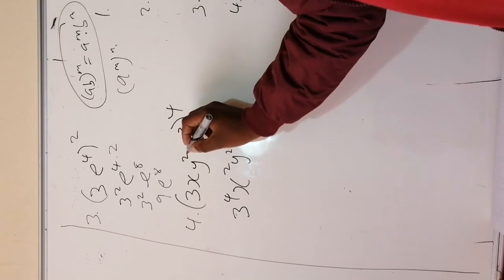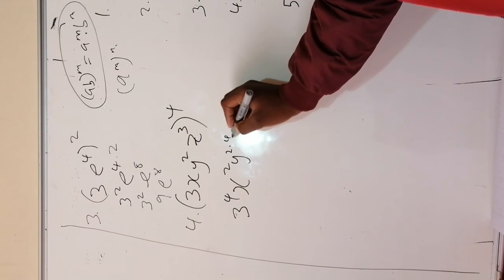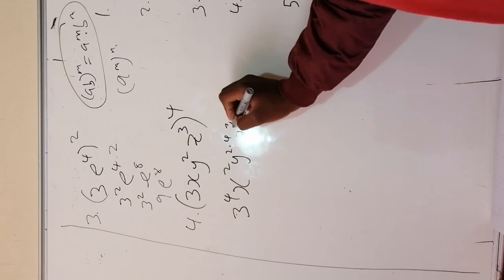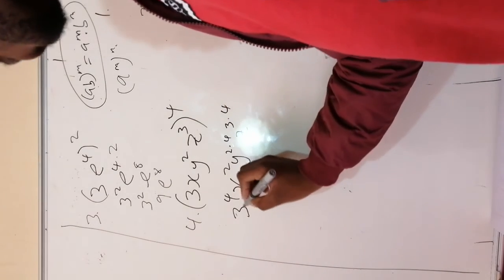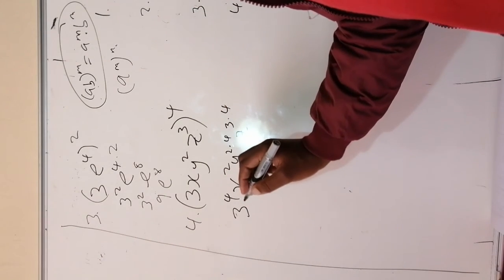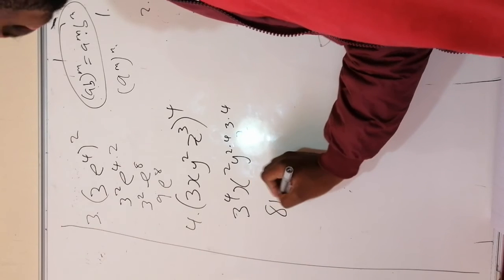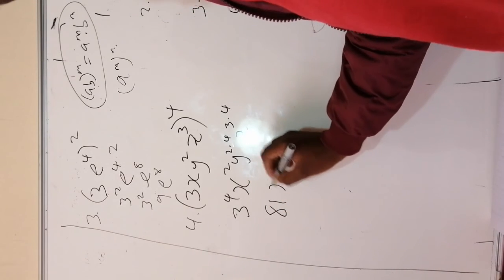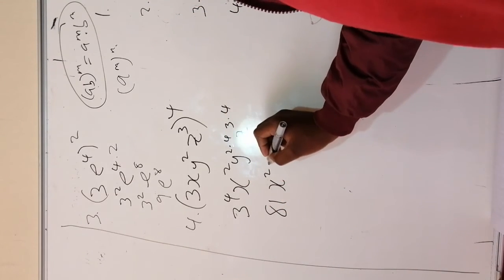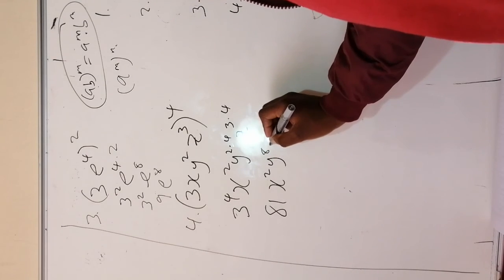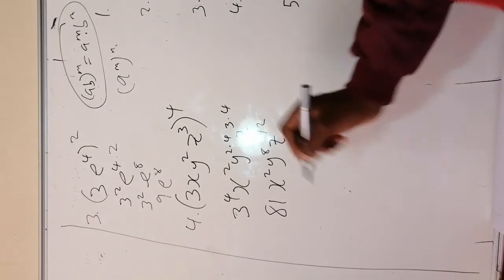This one already has an exponent, so we need to multiply by that 4. z to the power 3 times 4. So 3 to the power 4, I think 81, x to the power 4, y to the power 2 times 4, that's y to the power 8, z to the power 12.